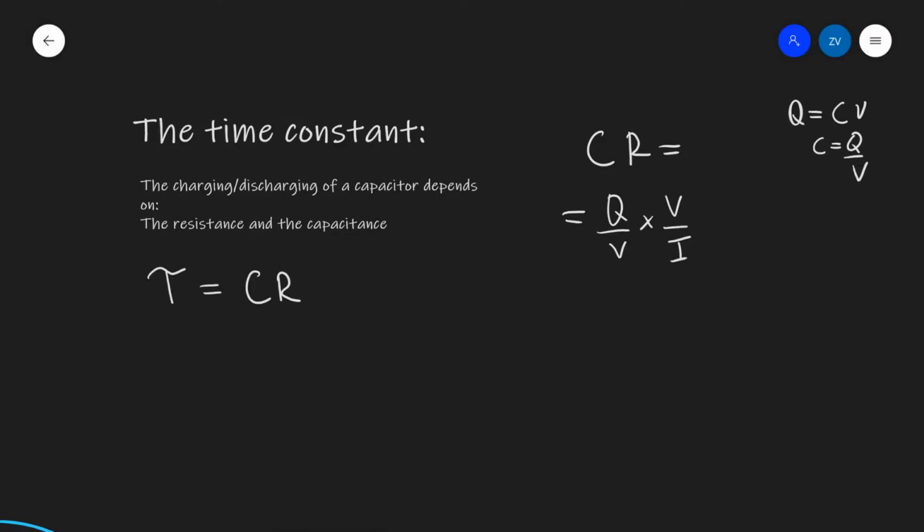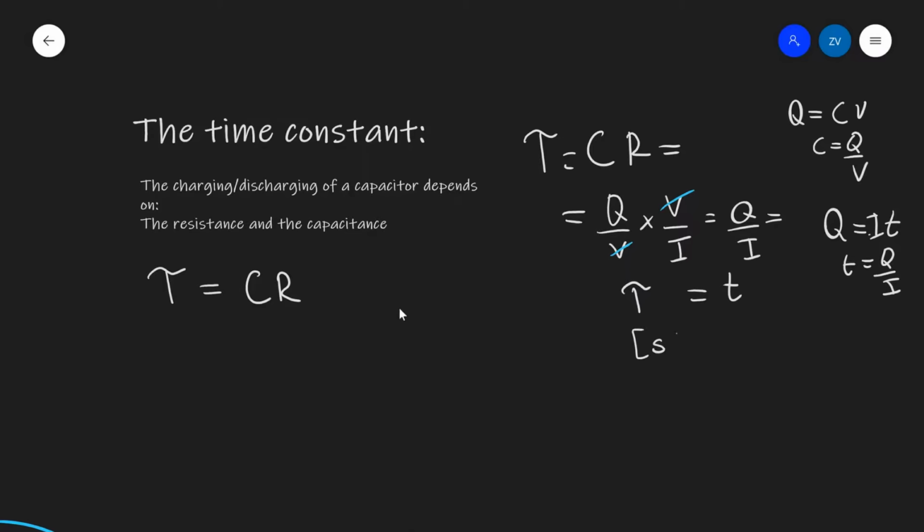Those are going to cancel out, which means that I'm left with Q over I. But remember, Q is equal to I times t, which means that time is equal to Q over I. So this quantity, C times R, actually has units of time. So this time constant tau is going to have the units of time, which are seconds.